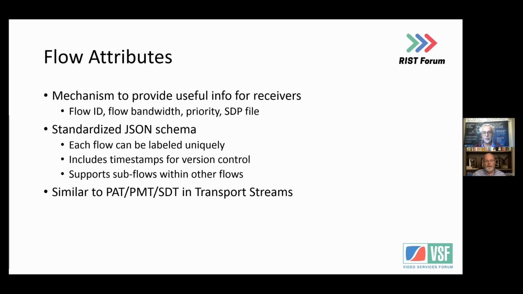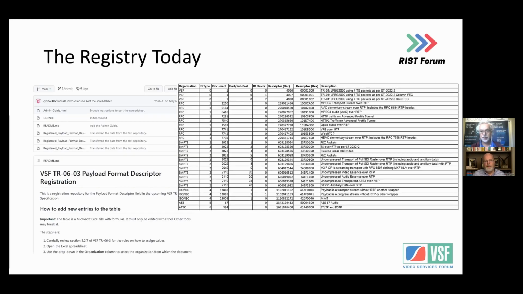So Ciro, if I may, just to go into the registry a little tiny bit more detail. One of the things that I found was really clever is that each code point is based on a standard that exists in the industry. So if you have an IETF standard, you use the number from that and possibly a flavor, and you register that.